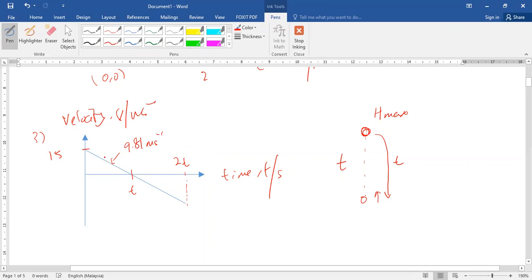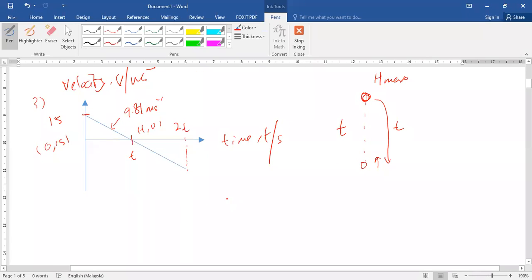So from here, the coordinate will be (0, 15), and this will be (t, 0). By using the gradient, 9.81 is equal to (15 minus 0) over (0 minus t). So from here we get that t is equal to 1.53 seconds.